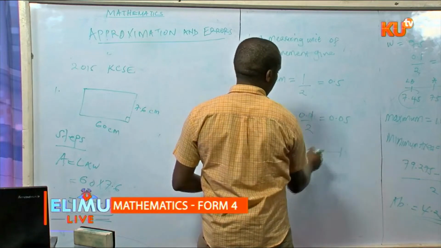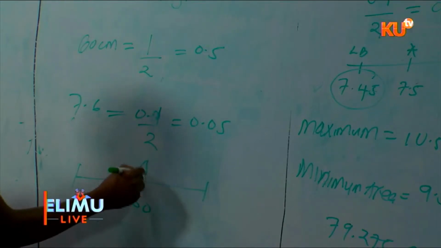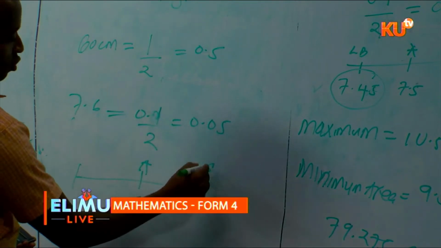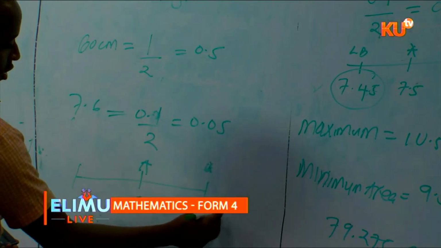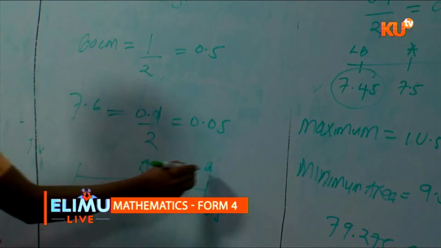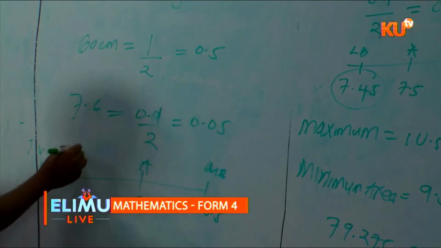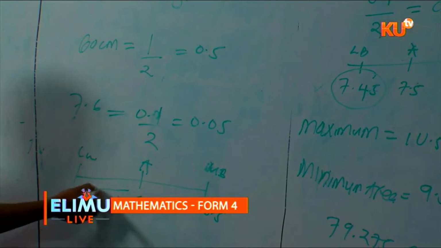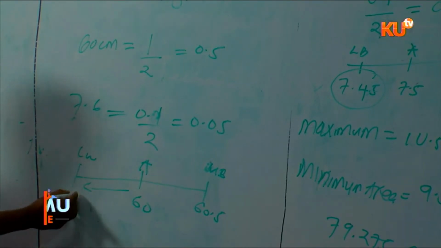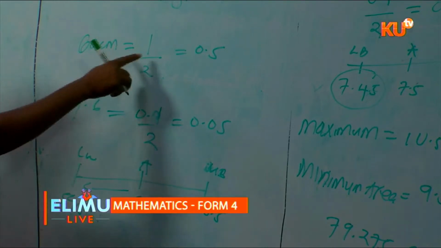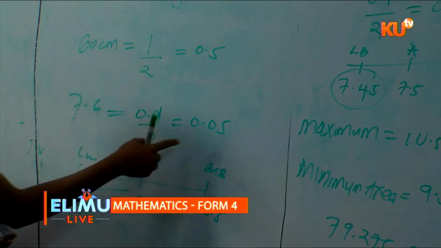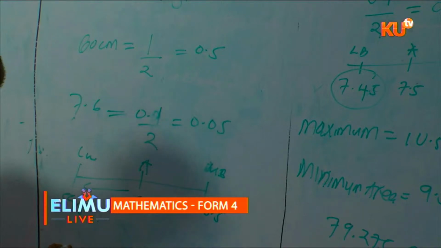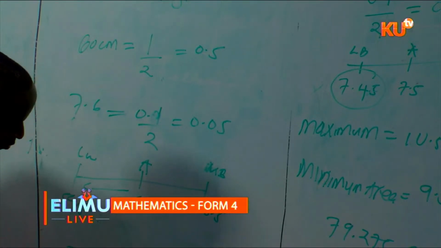So for this one, 60, if this is the actual, this one automatically will be 60.5. That is the upper bound. The lower bound for this one will be minus 0.5. It will be 59.5. So for the other measurement, the width of 7.6, the actual is 7.6.